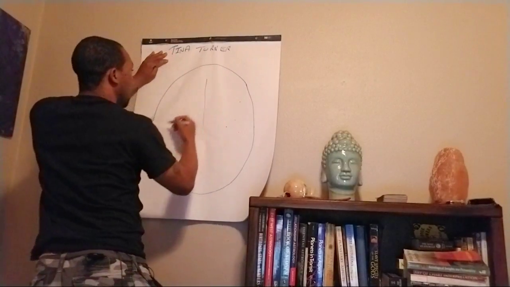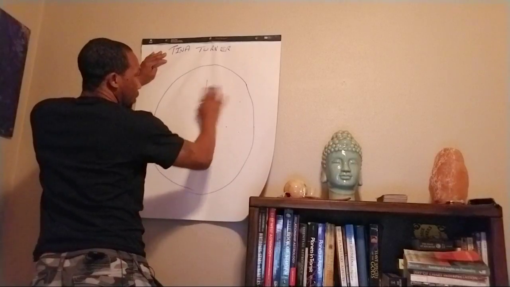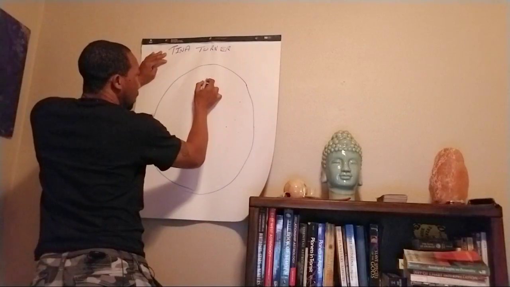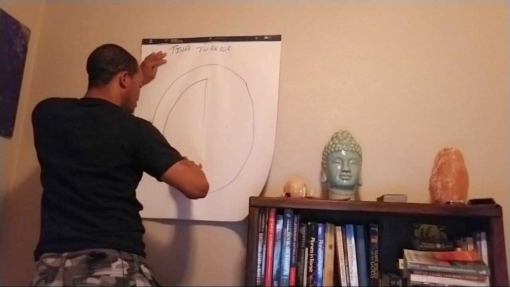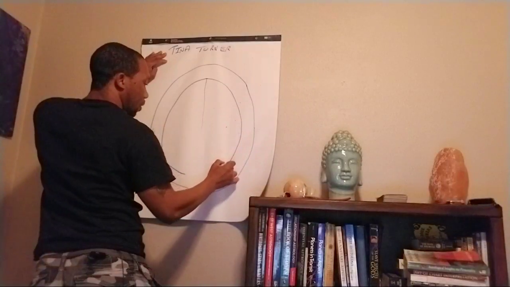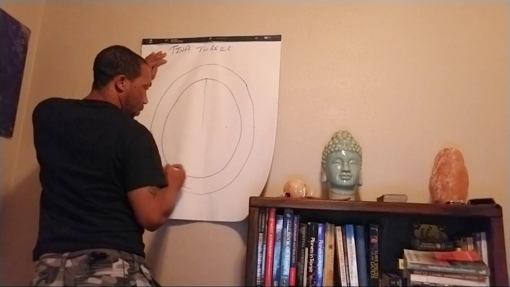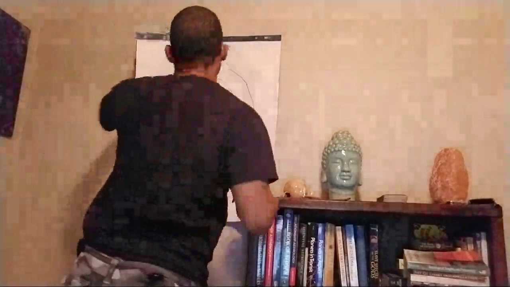And then instead of drawing all of this, we're going to erase that line. We're going to do a circle within this circle, and a circle within that circle.